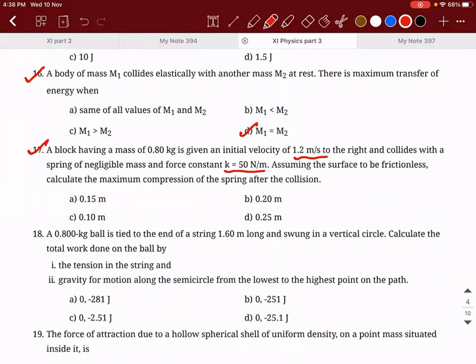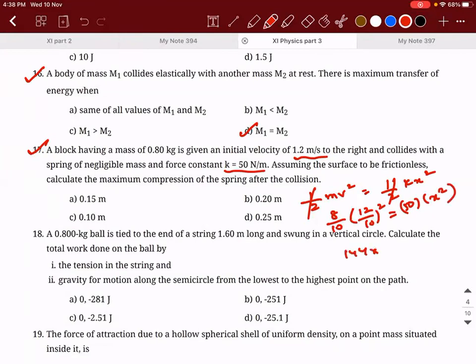So what is happening, guys? Initially it has kinetic energy and that is getting completely converted to elastic potential energy. So half and half are gone. Mass is 0.8. So 8 divided by 10 into v square, 12 divided by 10 the whole square, is equal to k, which is 50, into x square.